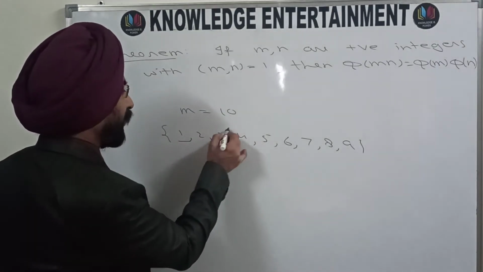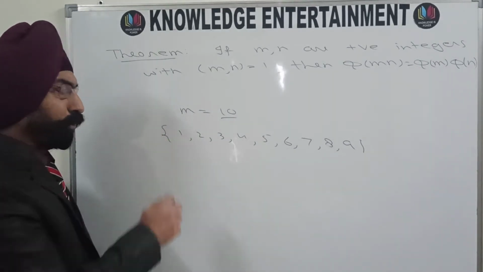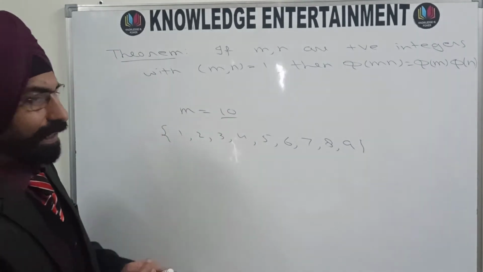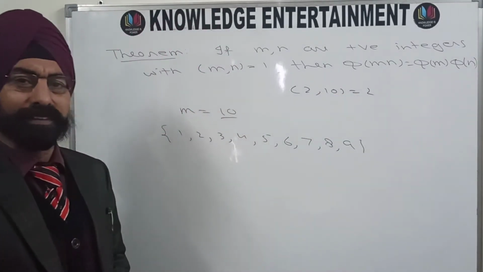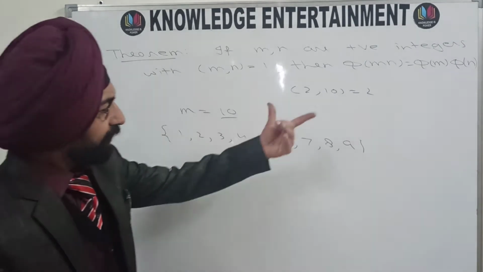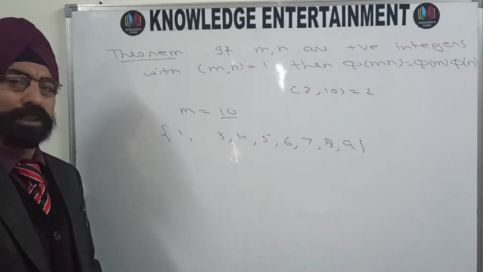So GCD of 1 and 10 is 1, so we will keep 1 here, we will not remove it. GCD of 2 and 10 is 2, we know it all very well. So whenever the GCD will not be 1, we will remove the number from here. So this 2 is removed.